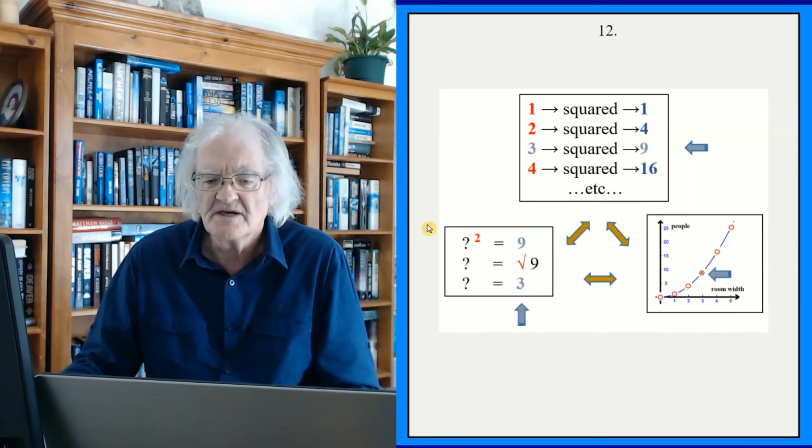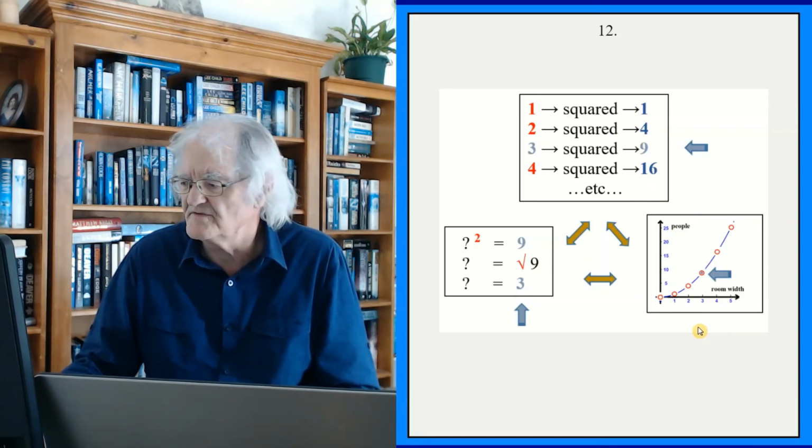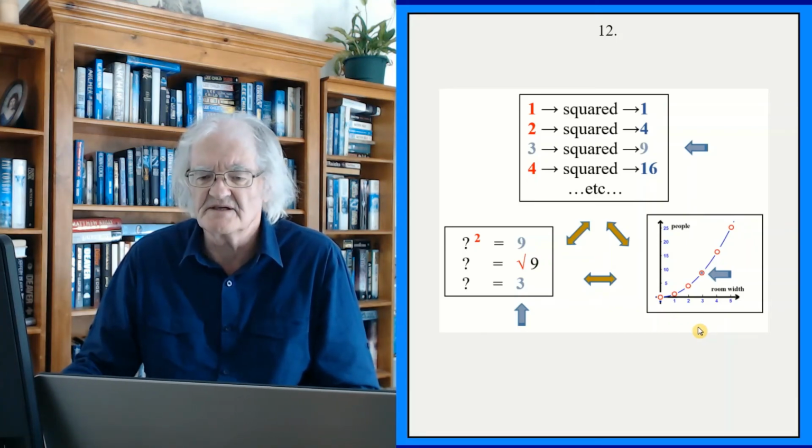Type 2 is finding a missing value, and in this calculation we have concluded that 3 as a width is associated with 9 people. And in the illustration, type 3, the samples become a diagram which, for most people, gives a good overview of the possibilities.